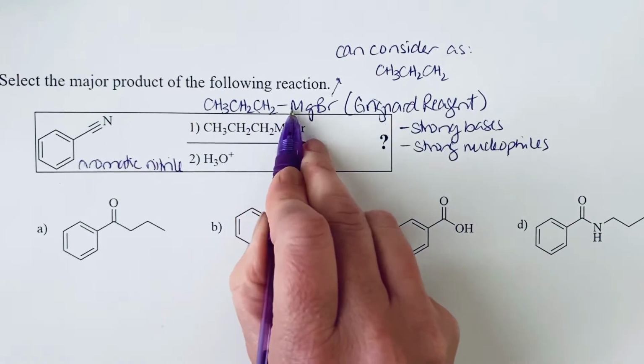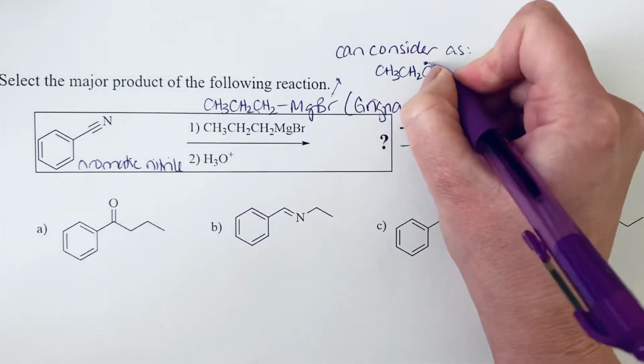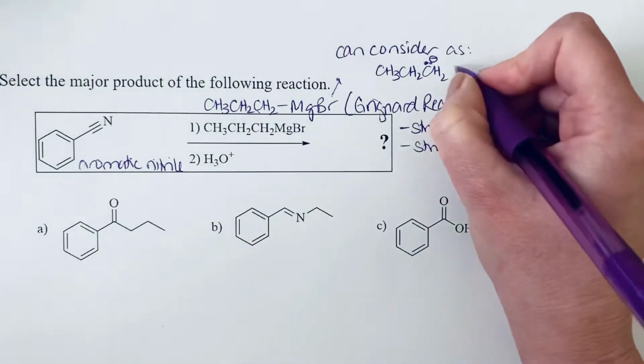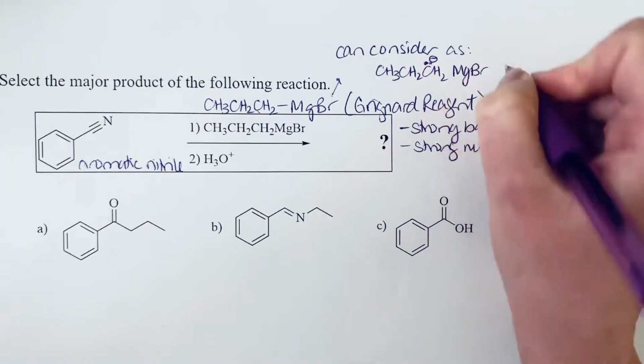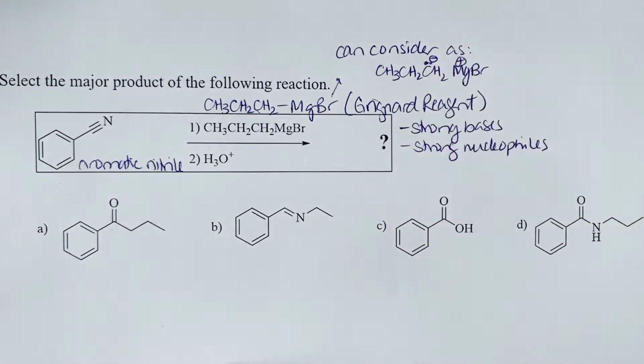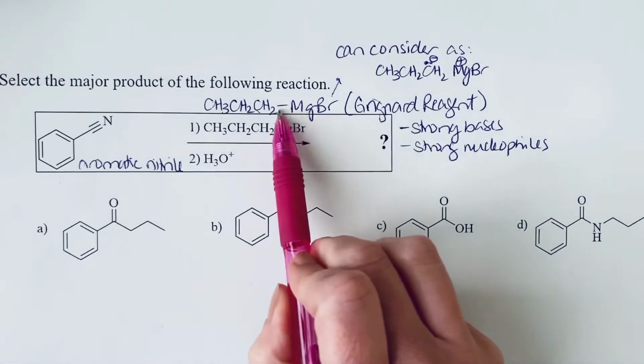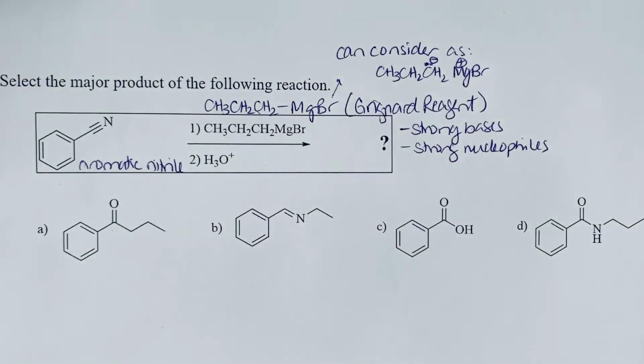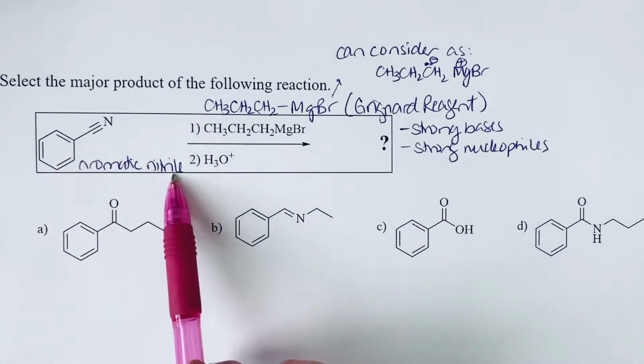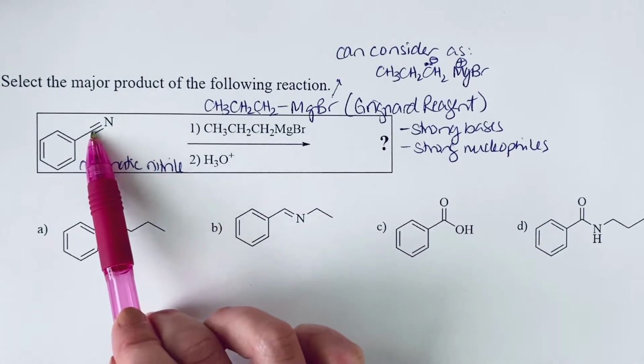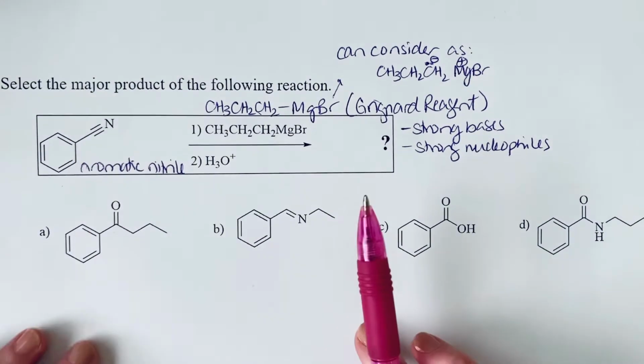So that carbon that's attached to the magnesium, you could consider that really being like a carbanion, and the magnesium bromide being the positively charged counterion. So what we can envision here is that this bond, or that lone pair if you like, will attack any sort of electrophilic atoms, so electrophilic carbons. The most electrophilic carbon we have is the one that is part of that nitrile.